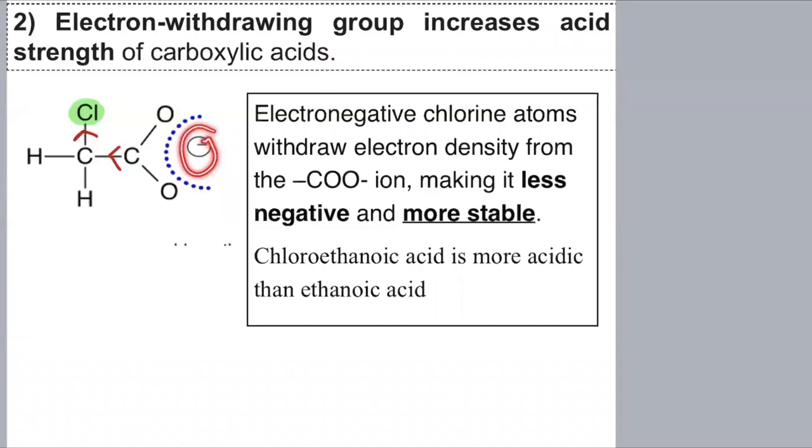Now you do not lose that negative charge. I do not want students to think like, oh, chlorine has removed my electron density, so my negative charge is gone. You still have that negative charge. Removing electron density just means that you are pulling the electron cloud. You're not completely taking the electrons away, hence the negative charge. It doesn't change.